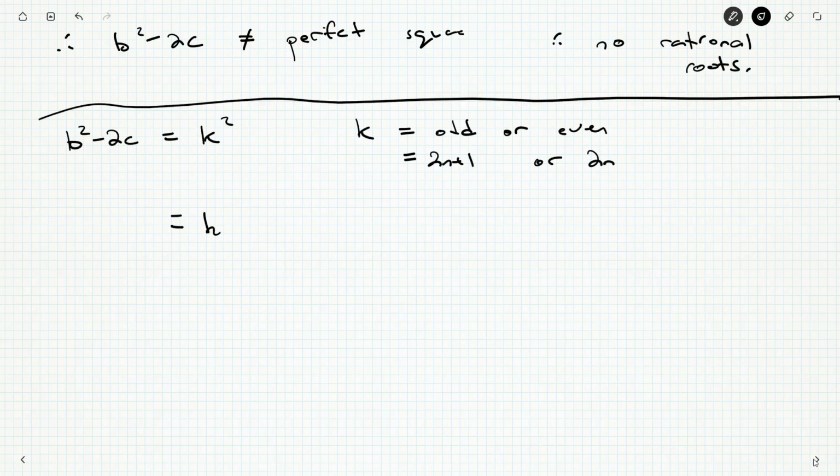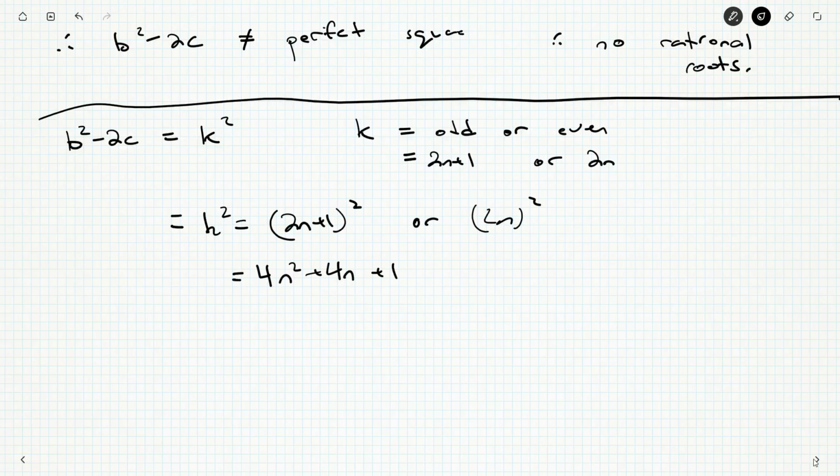But then k squared is going to be either (2n plus 1) squared or (2n) squared, and then that's going to be 4n squared plus 4n plus 1. Well, this part here is just a multiple of 4, and then we have a remainder of 1 here, or 4n squared, which is 4 times something, and a remainder of 0. So you're never going to get a remainder of 3.